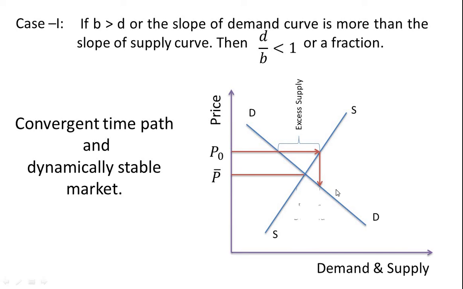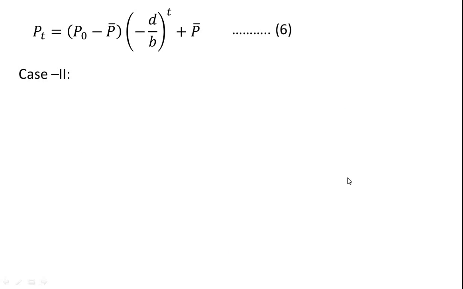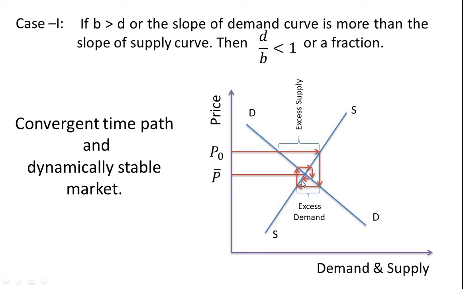Again, this excess demand will bring up the price to this level, which is more than P bar. Again, the excess supply will bring down the price, and this way the price will be adjusted to P bar, or the equilibrium price.